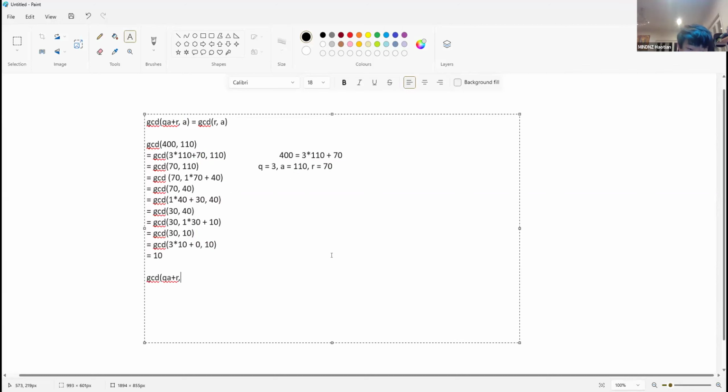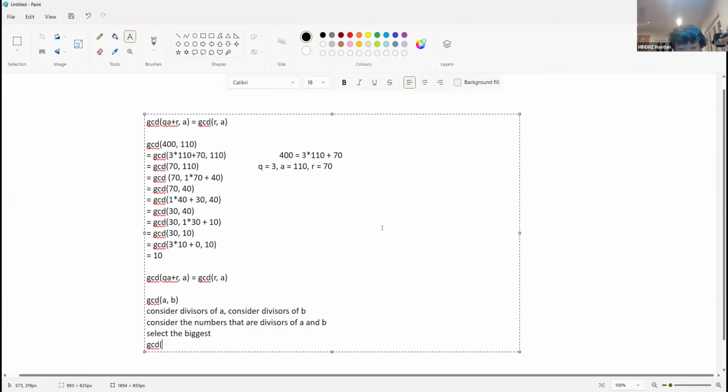The GCD of QA plus R and A is equal to the GCD of R and A. To find the GCD of A and B, we consider the divisors of A and the divisors of B, the numbers that are divisors of both.